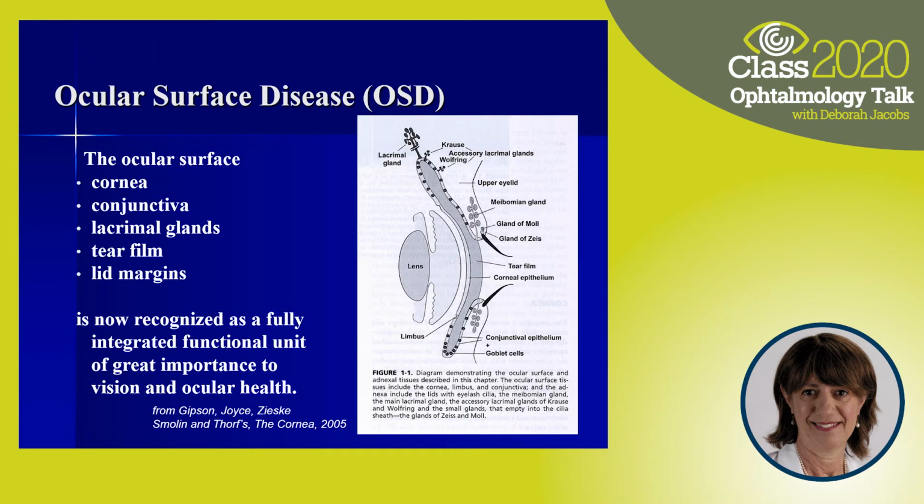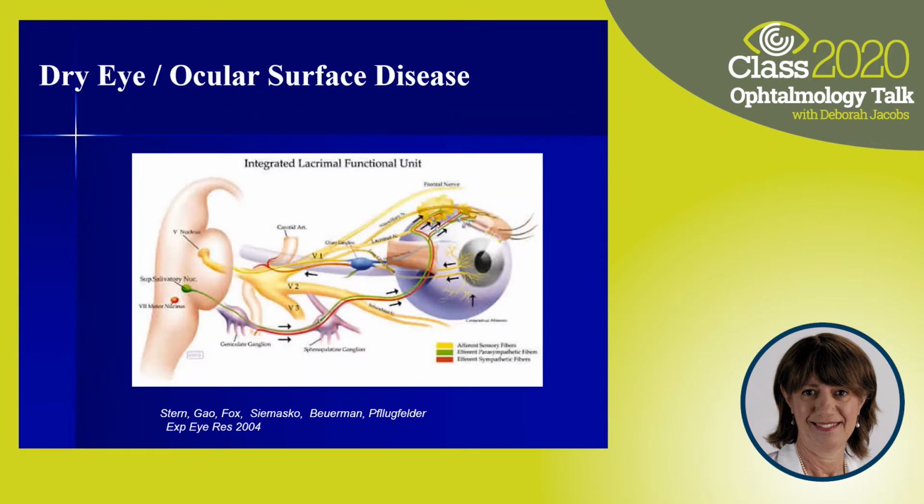We now know that it's not just about tears, that the ocular surface, in addition to the lacrimal gland and tear film, has cornea, conjunctiva, and lid margins, and it's a fully integrated unit of great importance to vision and health. Furthermore, the structures at the ocular surface don't stand alone.